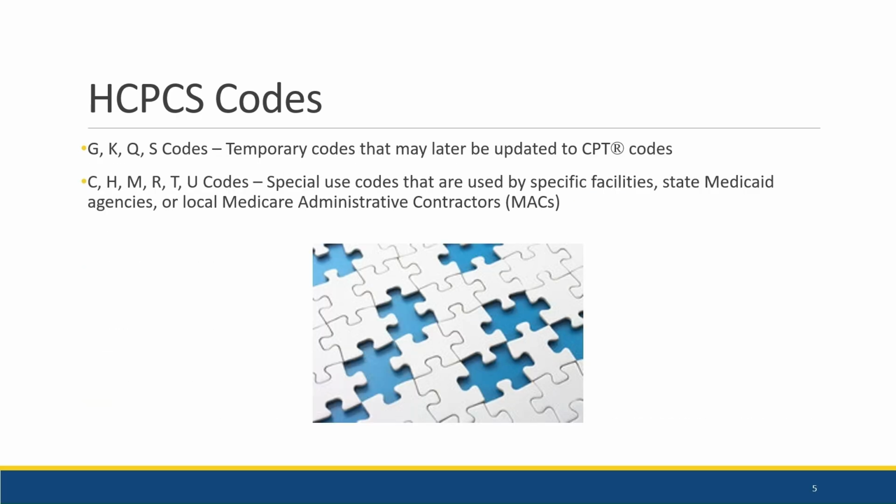All of the temporary codes live in sections G, K, Q, and S, and these may later be updated to permanent CPT codes. However, it's important to keep in mind that G codes are often reported in place of CPT codes for E&M and some other services when they're provided to Medicare patients, even though these codes are technically considered temporary by the HCPCS manual.